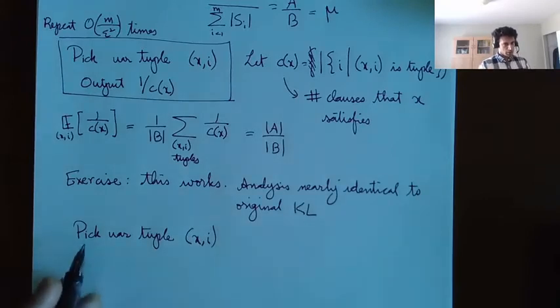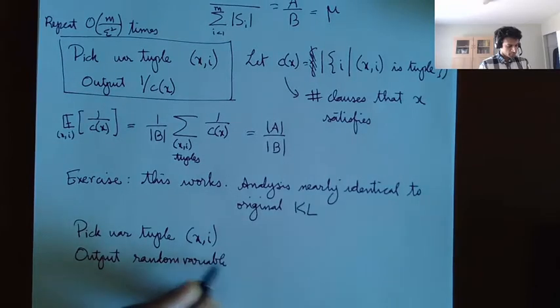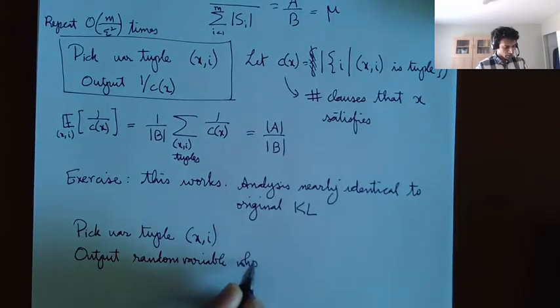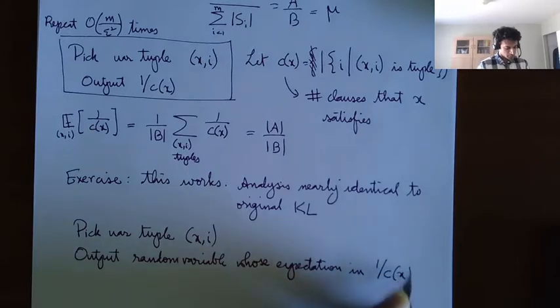The idea is I'm going to pick a uniform random tuple and output a random variable whose expectation is 1 over c(x).